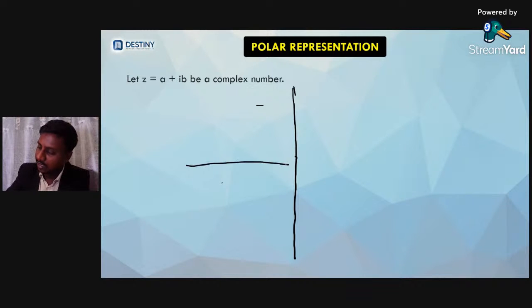The same thing I am going to draw here. 1, 2, 3, 4. Here 1, 2, 3, 4. Here 1, 2, 3, 4.